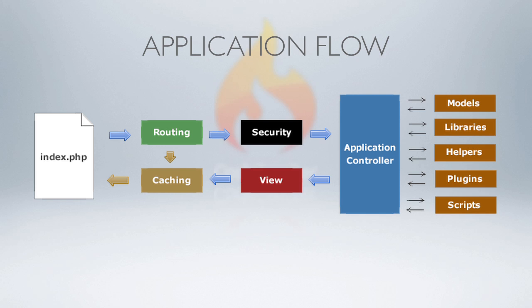The application controller then talks back and forth with models, libraries, helpers, plugins, and custom scripts, and goes out and does whatever it needs to do, and returns that data to what's called a view. From there, it can either go right back to the browser, or it can go through a caching method, and then to the browser. This is the overall flow and routing.